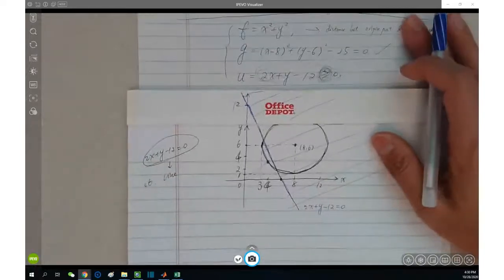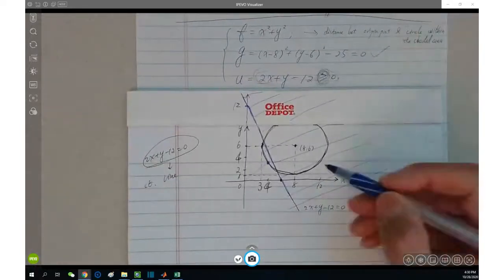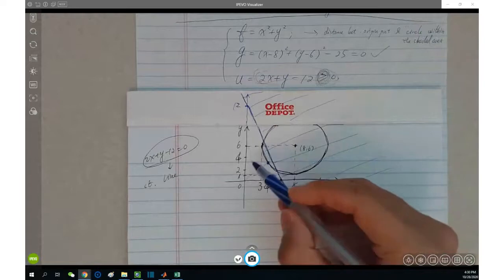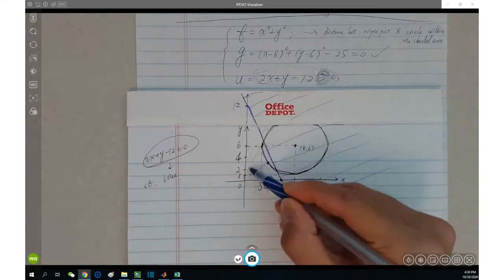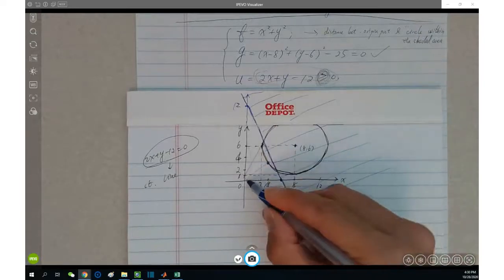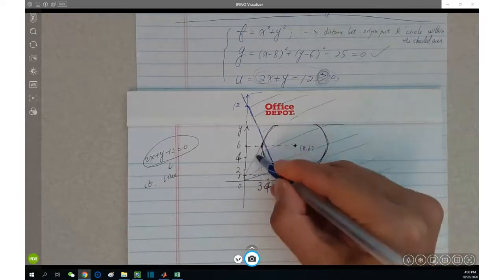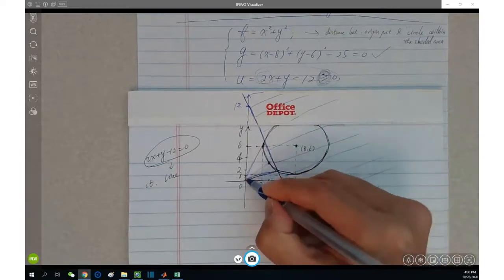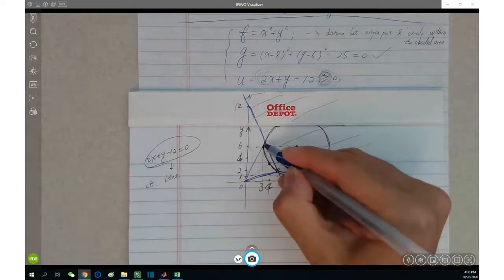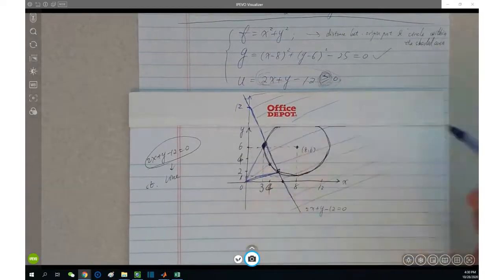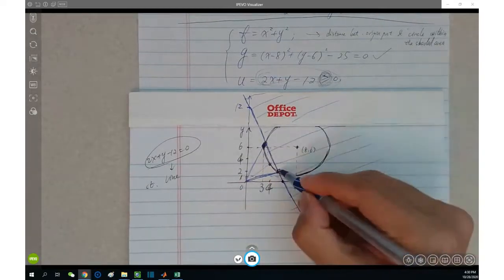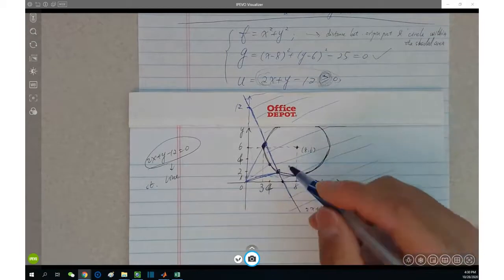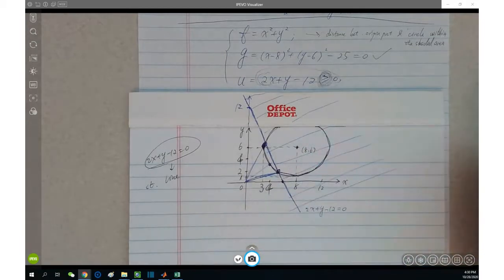So from here, you can see either the intersection point here, or the intersection point here. Does it make sense? Either here or here. It couldn't be anywhere else because we are looking for the minimum distance, right?